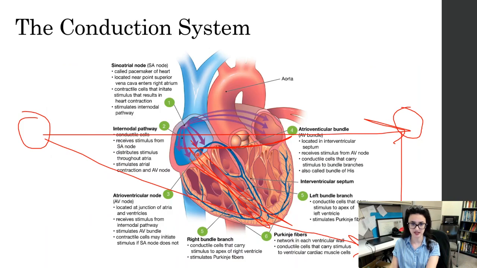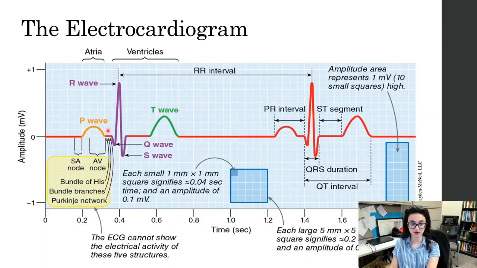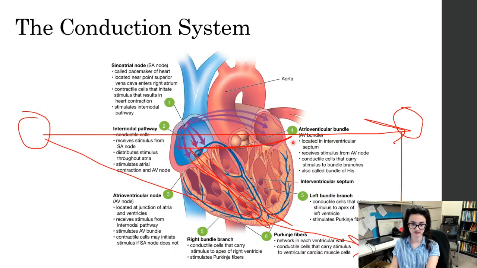What does it mean to depolarize? It means that that signal has traveled and told the atria to contract. So if you're depolarized, you have contracted those atria. Okay, then we get this QRS, huge leap, huge spike. Well, if this was depolarization of the atria, what do we think this big spike is?